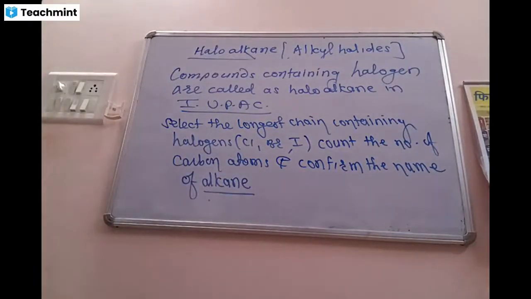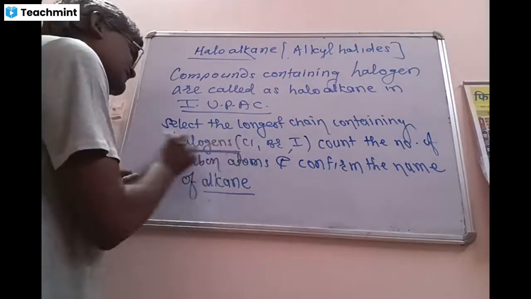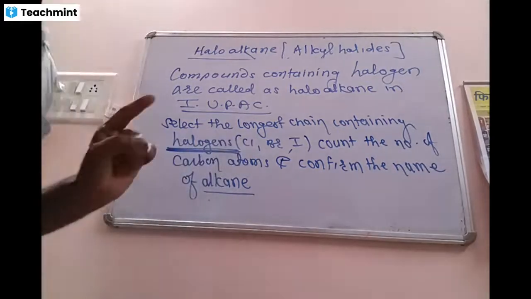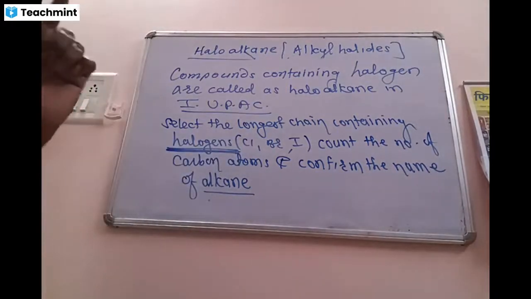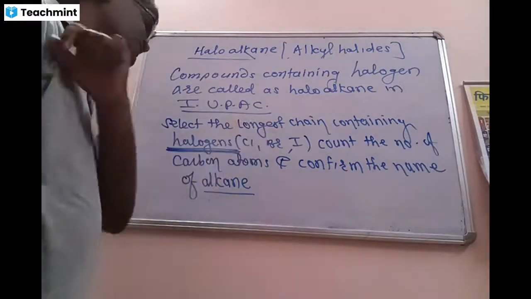So what is the difference? Here you have to select the chain containing halogen. One of the carbons will carry particularly chlorine, bromine or iodine.